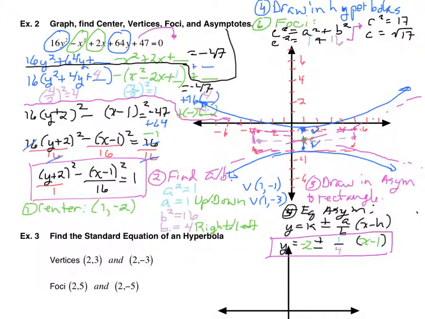First of all, is that going to be an up-down distance or a right-left? Because y is coming first, right here, that's going to go in an up-down direction because it's got to go with our vertices. So we are going in an up-down direction. And we have to find the perfect squares that are to the left and the right of 17. So what perfect square is to the left of 17?